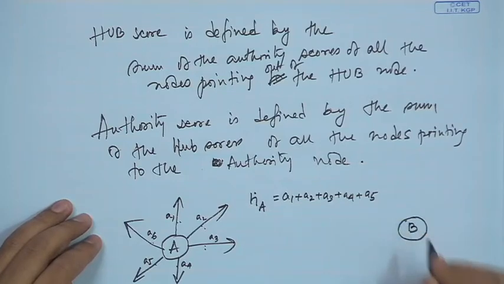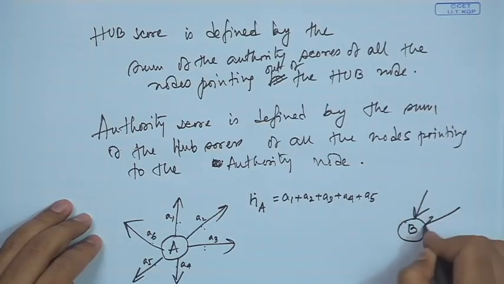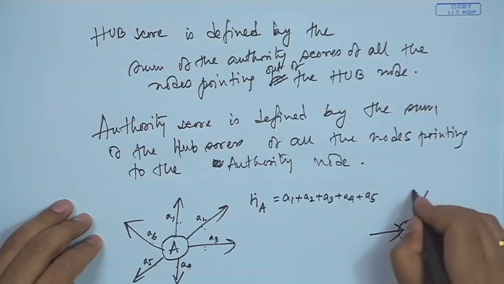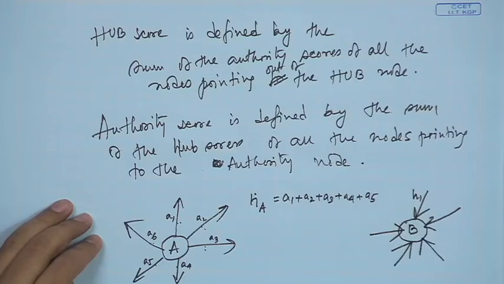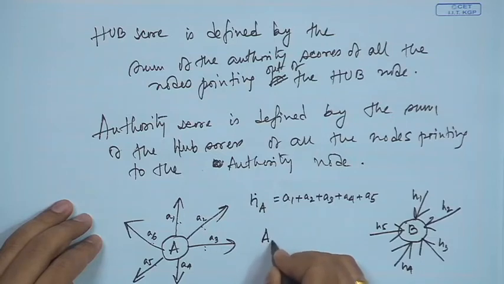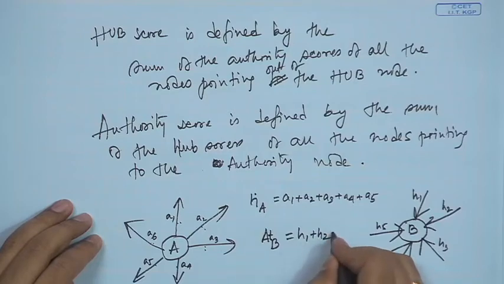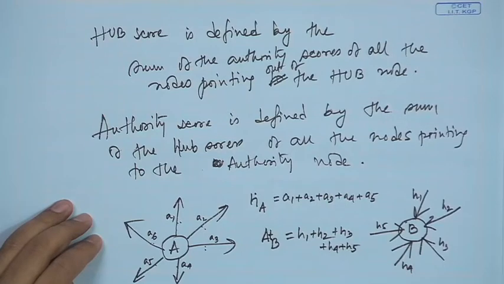Suppose there is this node B, which is being pointed to by some hub nodes, and say each of the hub scores of these hub nodes are H1, H2, H3, H4 and H5. Then the authority score of the node B, let us call it AT of node B, is expressed as the sum of the hub scores H1, H2, H3, H4 and H5.